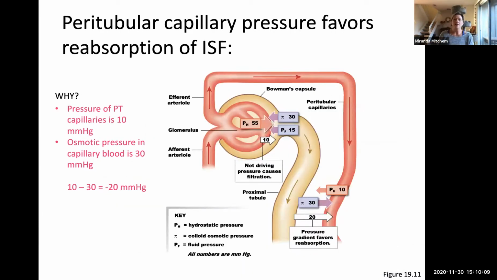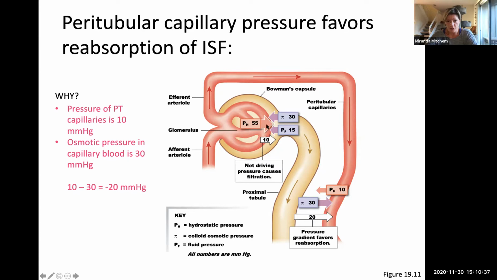All right, now let's apply this back to the pressure. The pressure gradient or circumstances do favor the reabsorption of materials back to our interstitial fluid, or back to the bloodstream eventually. And why is that? Well, let's look at our pressure dynamics again.